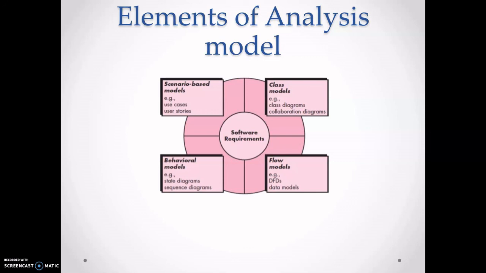Finally, we have flow-oriented elements, which represent the system as an information transform, depicting how objects are transformed as they flow through various system functions. But only those modeling elements that add value to the model should be used.